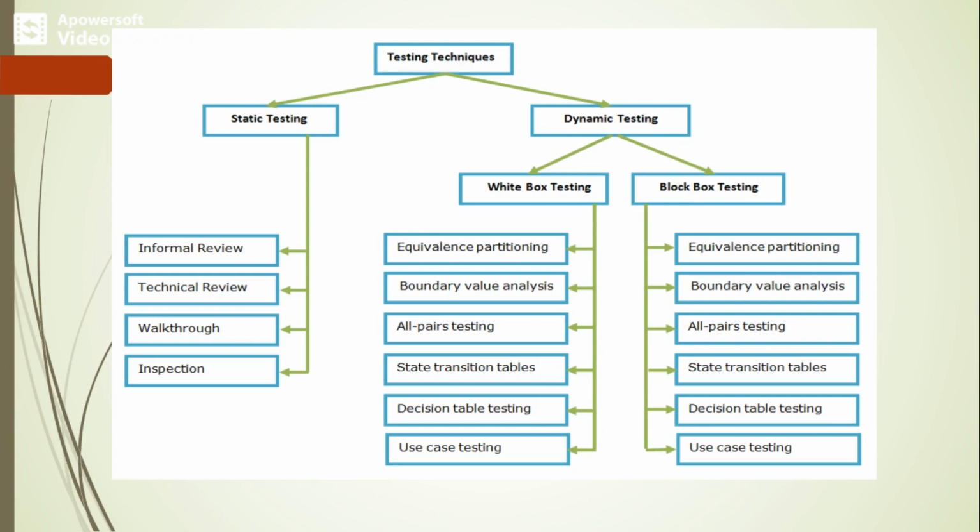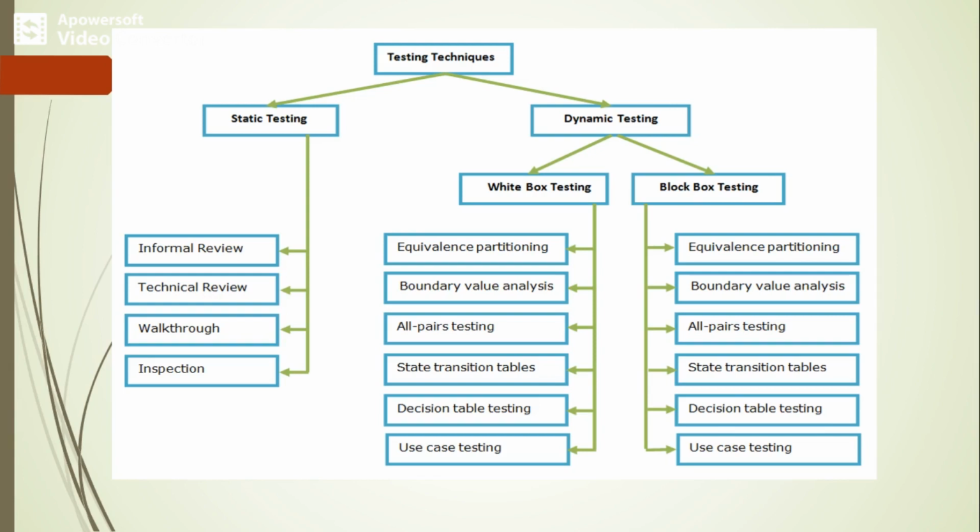But in dynamic testing, there are two types of testing concepts applicable. One is white box testing and the second one is black box testing. Under white box and black box, what type of testing techniques are we using?